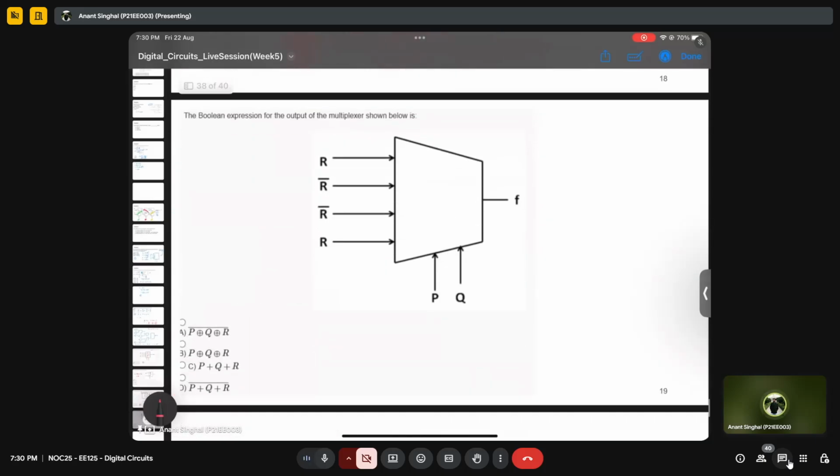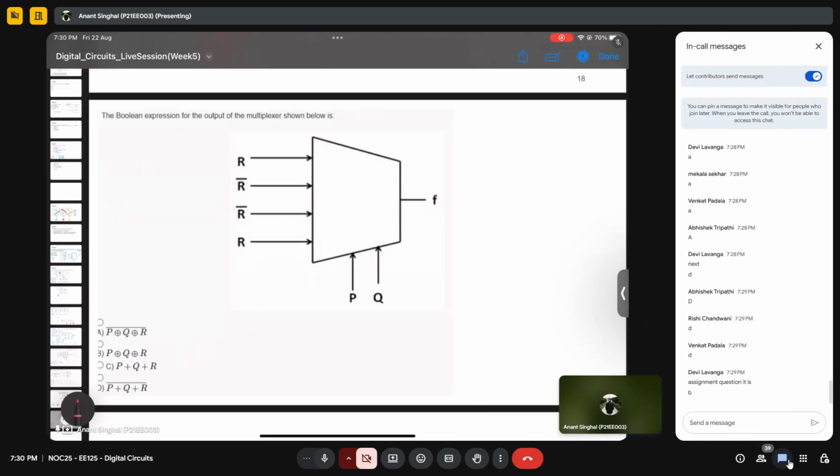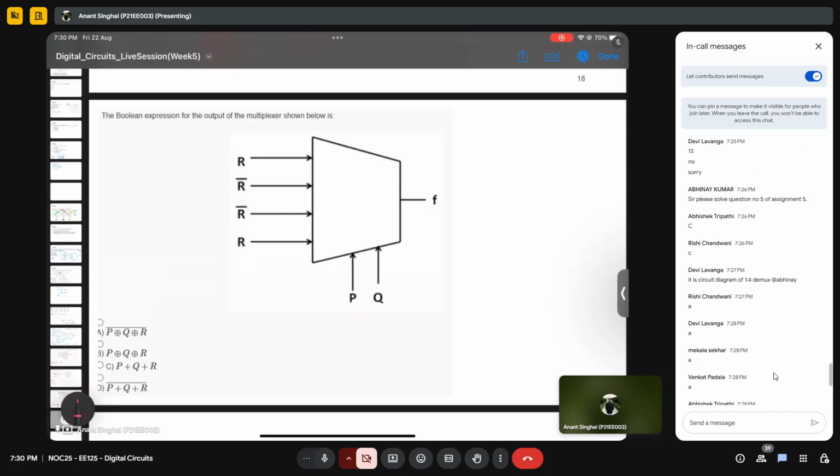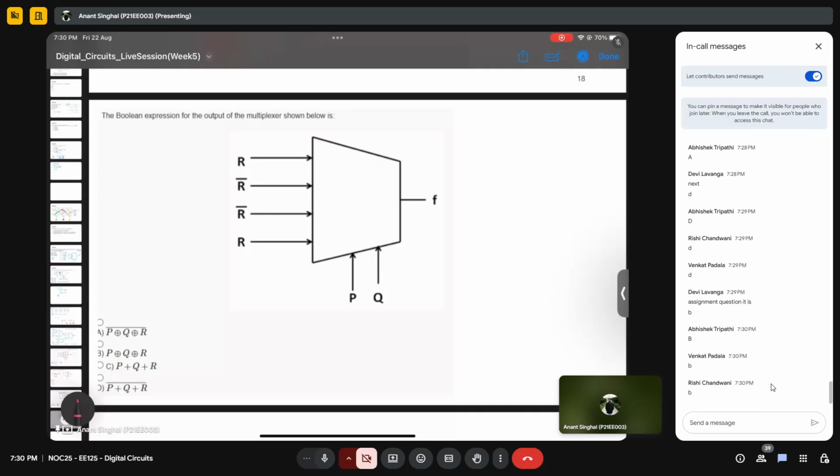Again, it says the Boolean expression for the output of the multiplexer is what? All of you are saying B. Okay, so it's basically P bar Q bar, P bar Q, PQ bar, PQ.